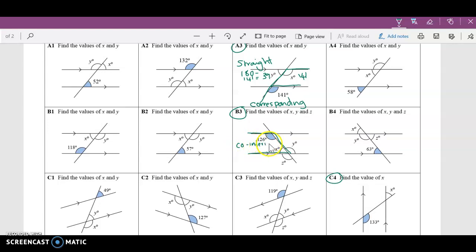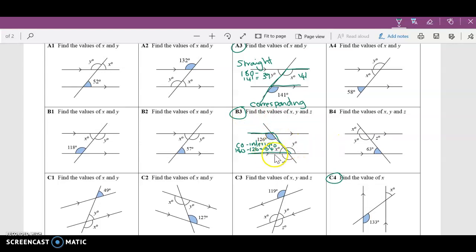Okay, now the co-interior rule doesn't say they're the same, it just says the two angles inside the parallel lines on the same side add up to 180. So if I do 180, take away 126, I will find out what x is. So my answer is x is 54 degrees.